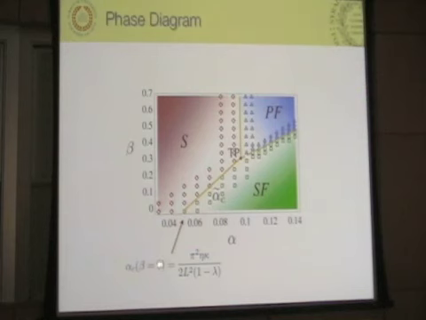It is proportional to viscosity, to the rotational diffusivity, and inversely proportional to the square of the separation between the two plates, and 1 minus lambda, where lambda is the flow alignment parameter. This means, for example, that if you take lambda exactly equal to 1, this transition is cancelled. If you take lambda larger than 1, so this is a flow aligning system with rods, the transition is still there, but alpha becomes negative.